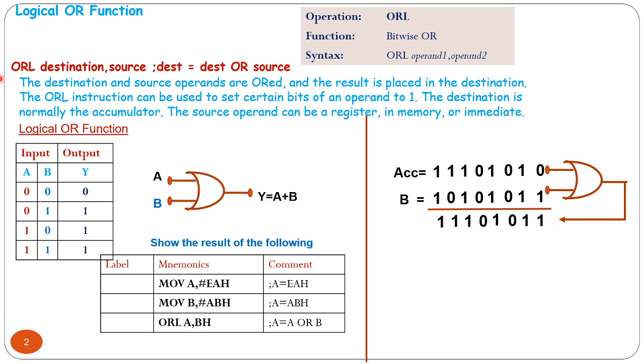According to this table we get this output. The result in binary format is 1110 1011, that is hexadecimal E and B. So EBH is the content of the accumulator after the ORing operation.